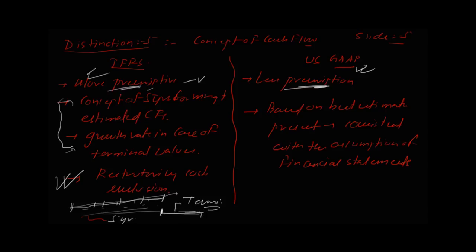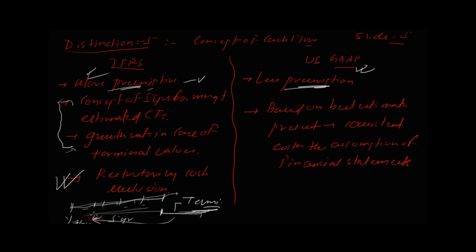After 5 years the entity should compute a terminal value and pull them to Y0, which means they should make an estimate for a period of 5 years, not more than that, and after 5 years they should calculate the amount of terminal value, because it is very difficult to estimate the exact cash flow for a period of more than 5 years.